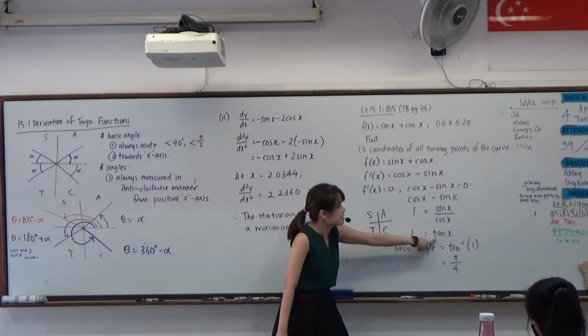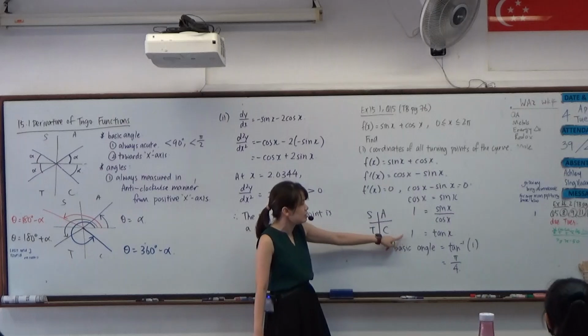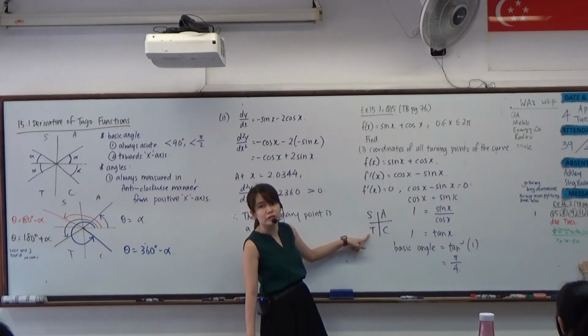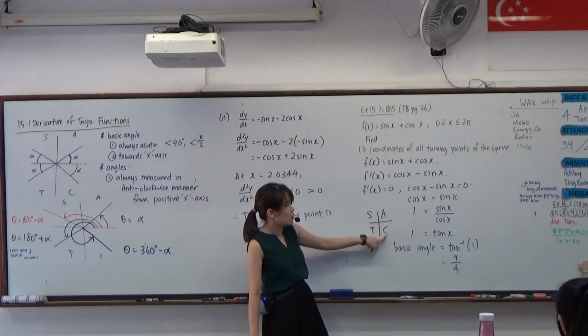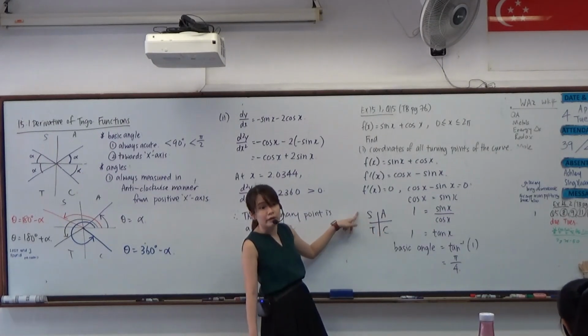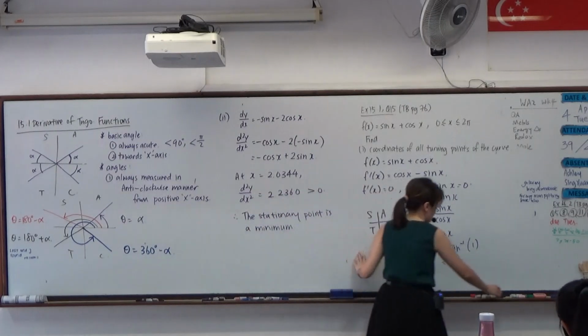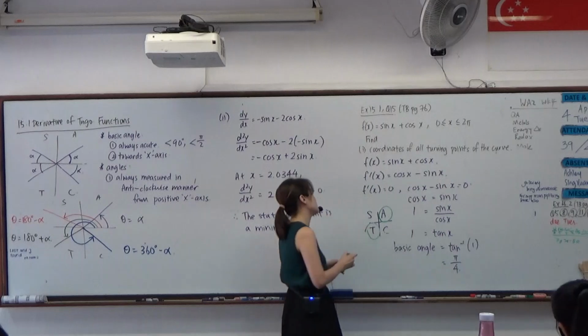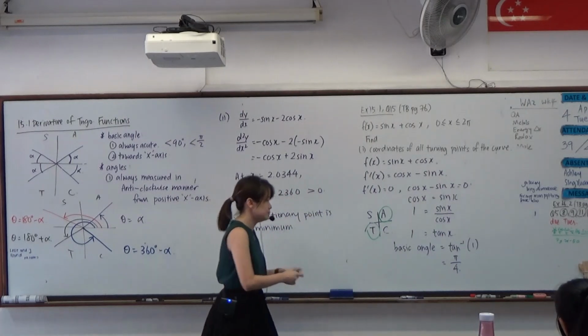Because tangent is positive 1, that means it must be in our first quadrant and our third quadrant. Our second and fourth quadrant, tangents are actually negative. Therefore, our angles in this case should lie in first and third quadrant.